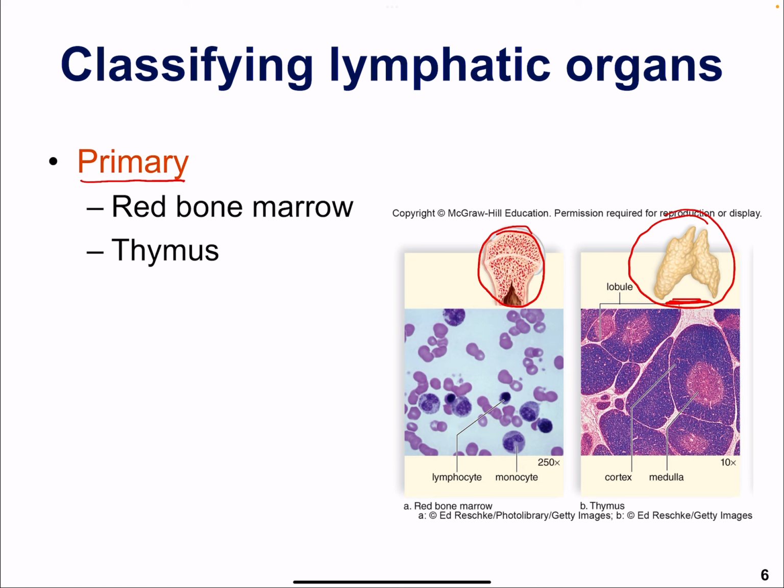As you grow old, pass the age of 30 and enter your 40s, 50s, 60s, the amount of red bone marrow decreases, and the size of the thymus decreases as well, which means that your capability to protect yourself against infection is going to decline as you get old.